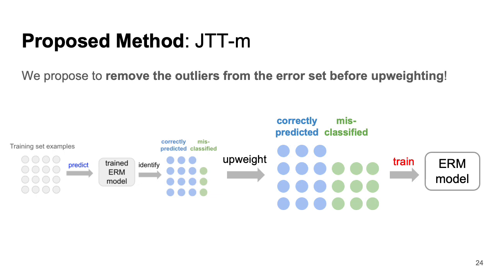Thus, we propose to remove the outliers from the error set before upweighting them. This way, we can train on a cleaner upweighted error set, hopefully improving JTT's performance. The threshold for removing outliers is another hyperparameter that we tune on the validation set.